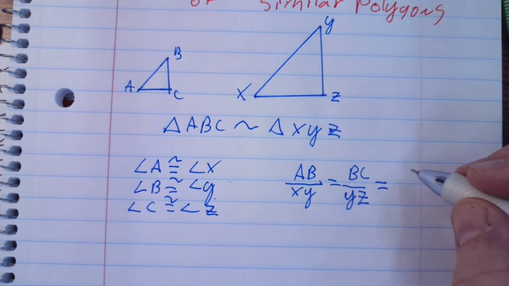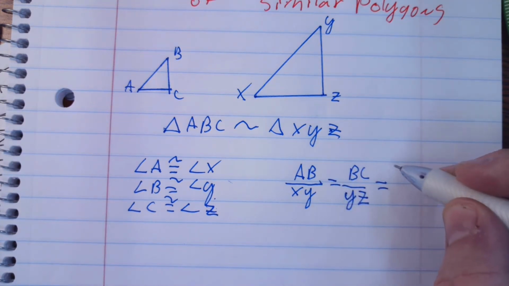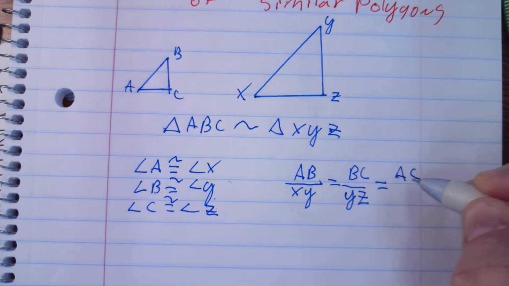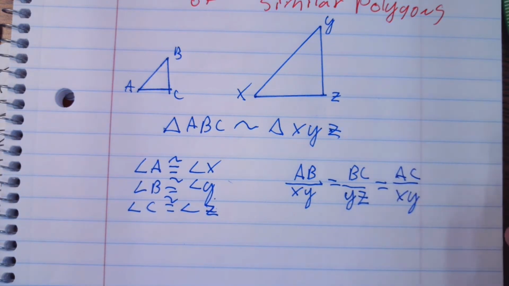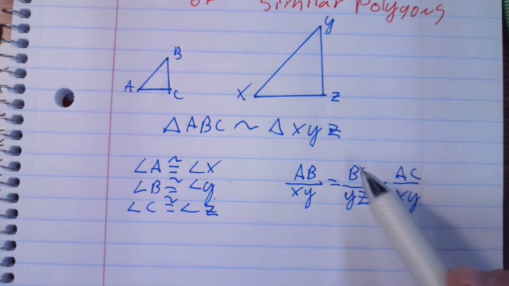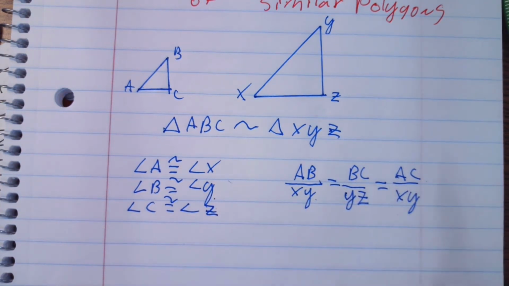And that's going to equal, and I mean equal, side, what side's left? AC. And AC is going to be over XZ. So instead of these sides being equal, their ratios are equal.